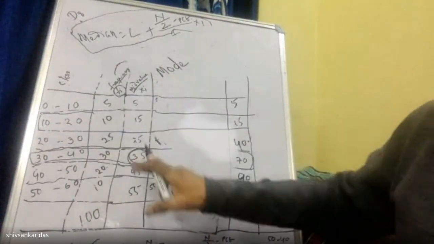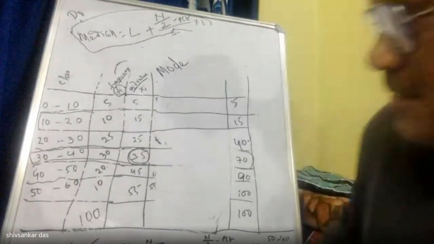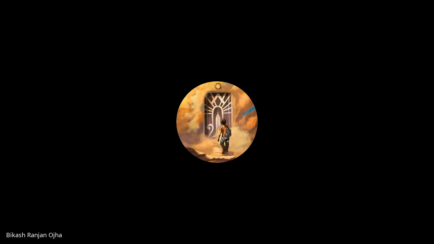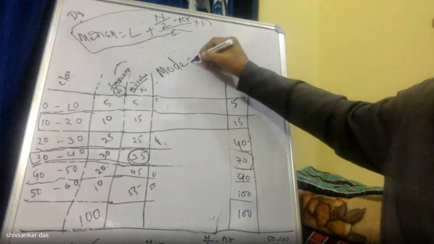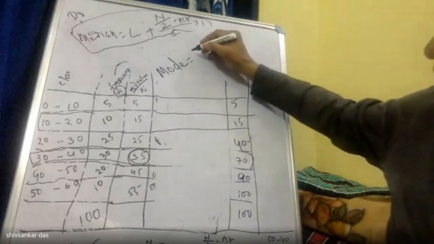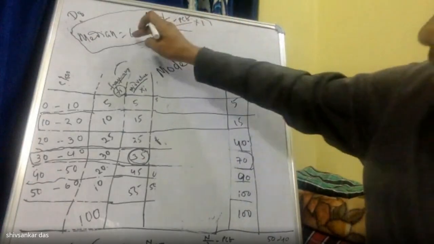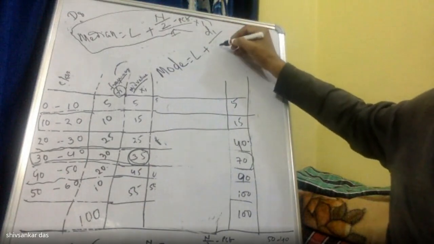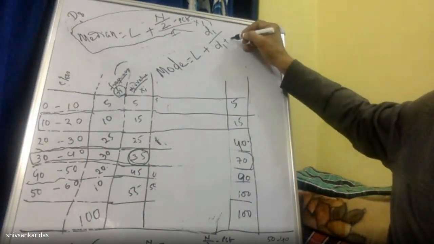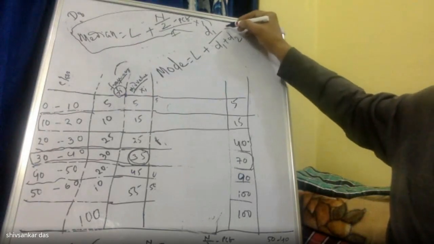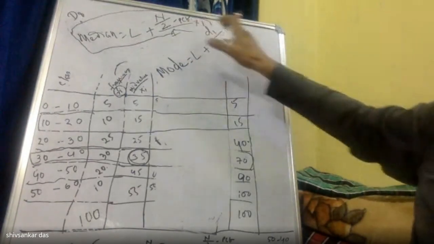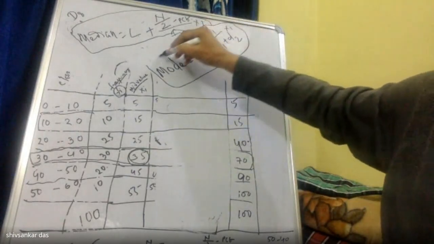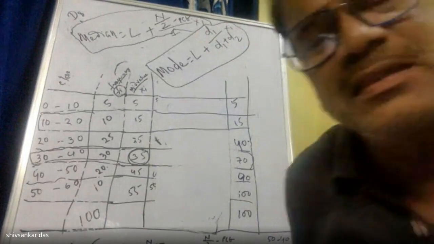So here, which is the highest frequency? 30, sir. Okay, let me write the formula first. Mode is equal to L plus D1 by D1 plus D2, into I. It is almost similar, but this is called mode. Please write the formula.